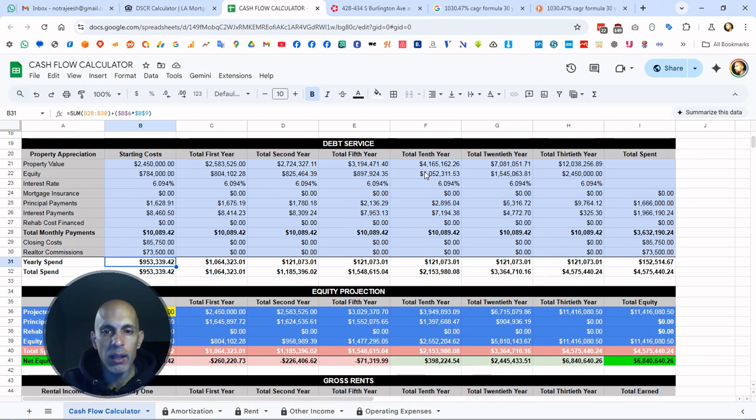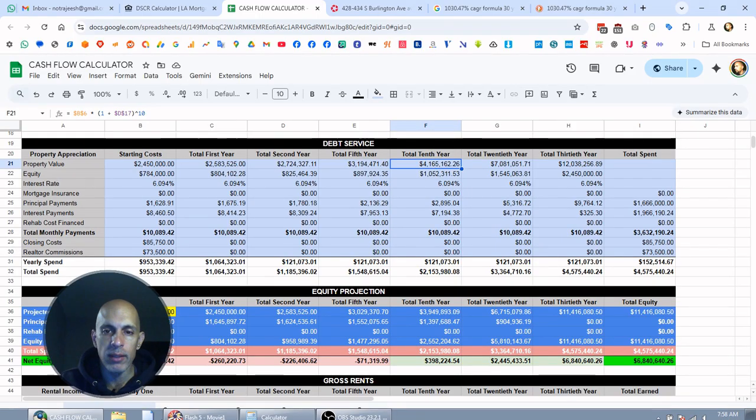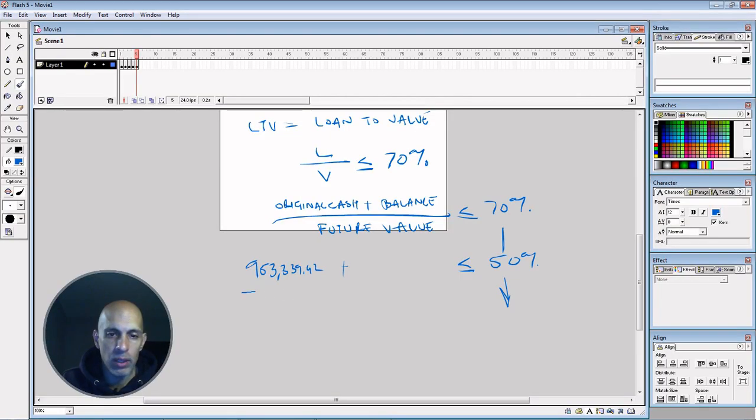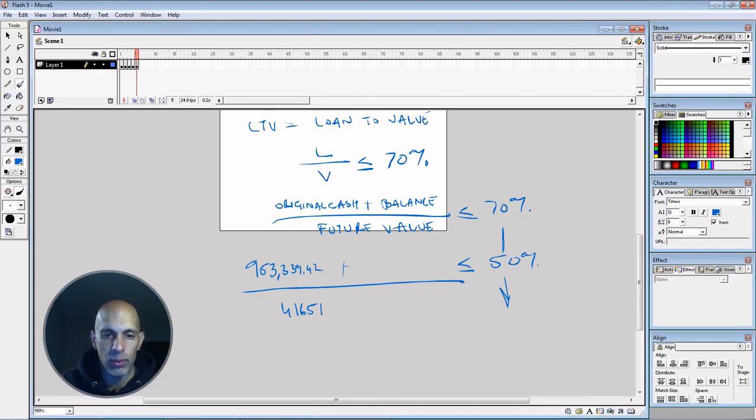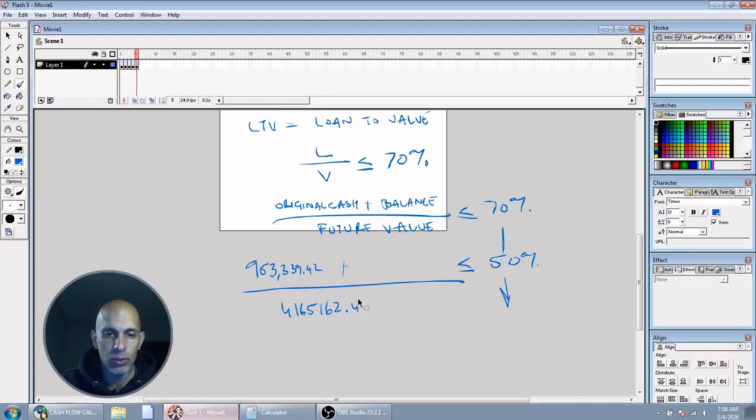So year 10, your property value ought to be somewhere around $4,165,162.26.